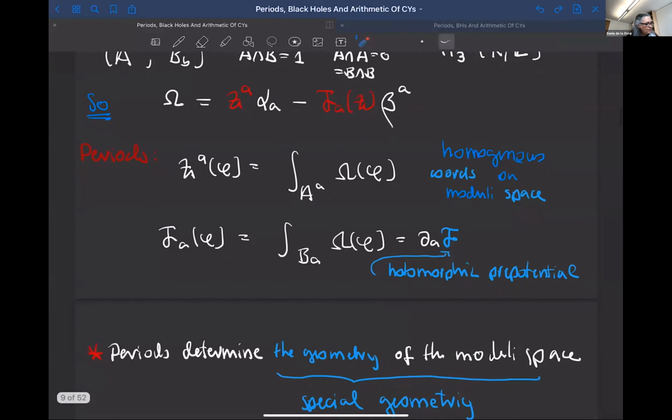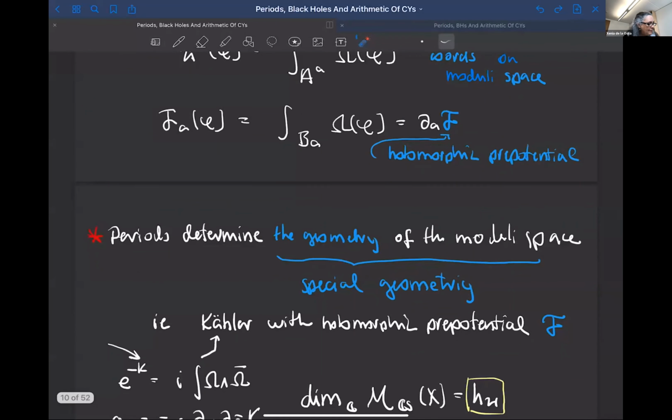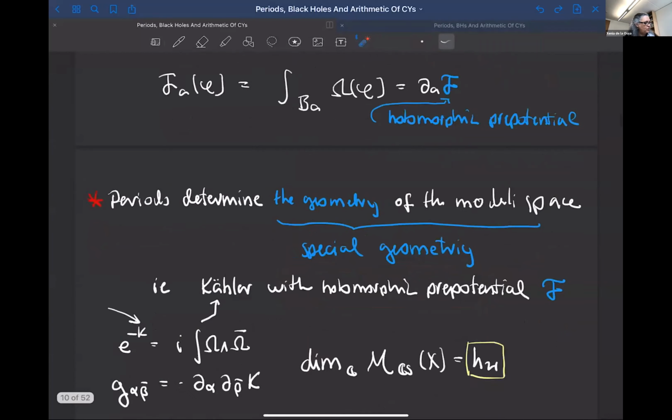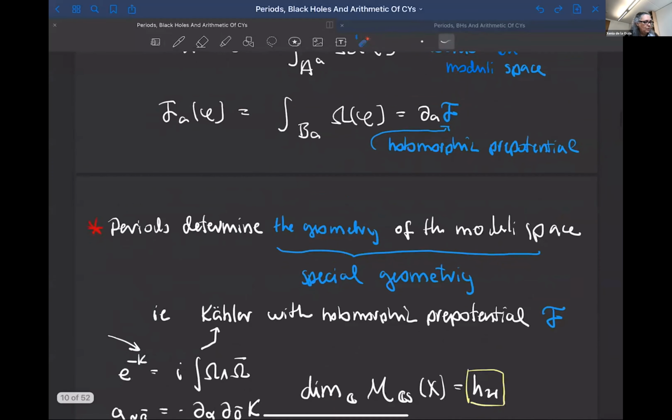So these periods, as I said, determine the complex structure, so determine the geometry of the complex structure moduli space. And the geometry of these spaces is rather interesting. It's called special geometry. So the parameter space is itself Kähler, with an extra structure that there exists a holomorphic potential.